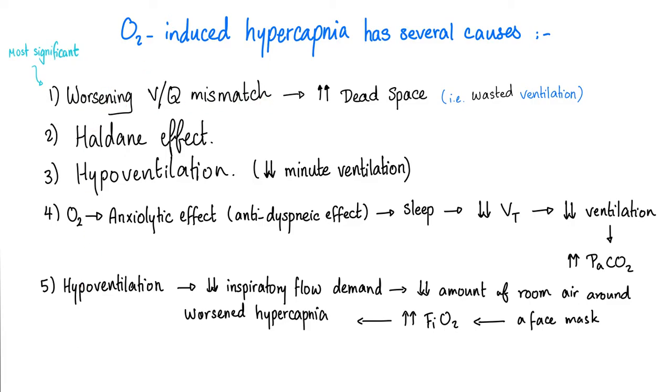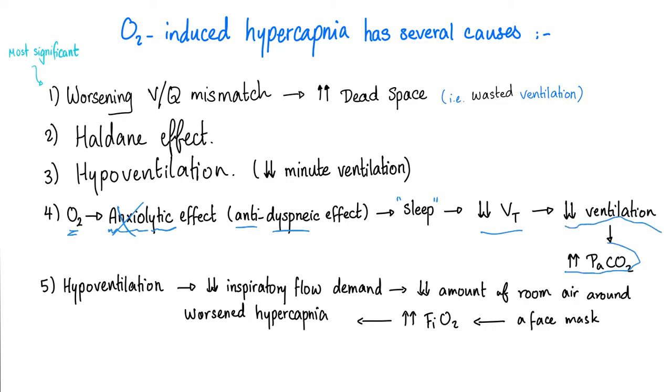So worsening VQ mismatch, Haldane effect, hypoventilation, and there is the idea that when you give oxygen, oxygen is an anxiolytic, which means it destroys anxiety. It's anti-anxiety. It also has an anti-dyspneic effect. So you basically tend to sleep and become kind of drowsy. This will decrease the tidal volume because when you sleep, the tidal volume goes down. When the tidal volume goes down, ventilation will go down.